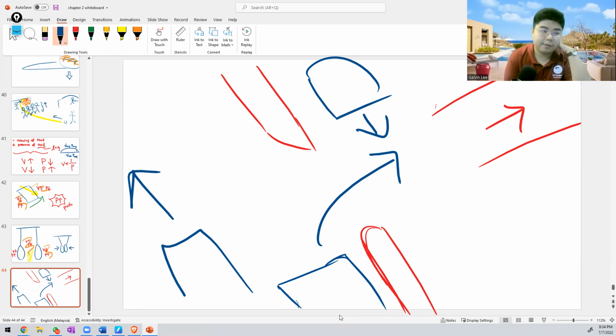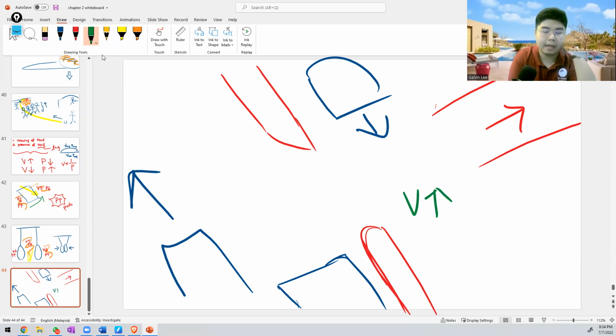And then I realized, oh, this is Bernoulli's principle. Why? Because when the car on the opposite side of the road is flying down the road, it brings all the air together with it. So it creates a high velocity of the air here.